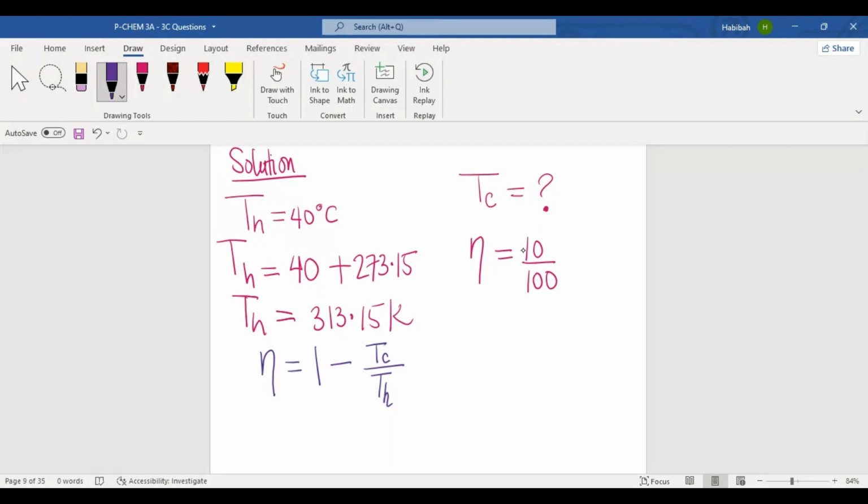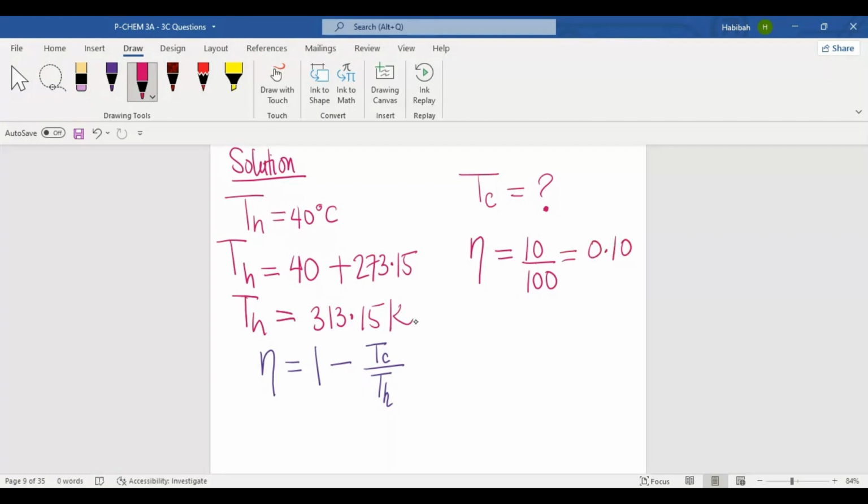That's the whole point of putting in 10 divided by 100, because efficiency is usually a value that ends up being a decimal. So I have to go from percent to fraction and then to decimal. 10 divided by 100 is the same thing as 0.10.